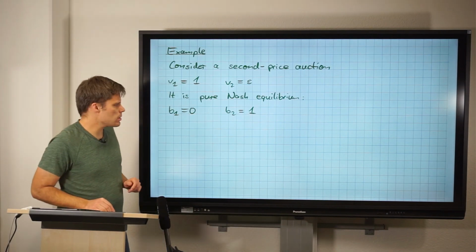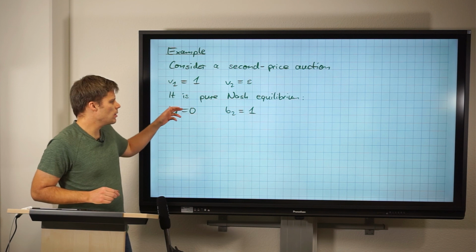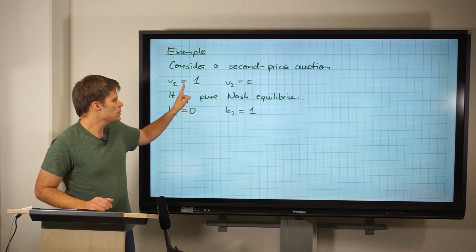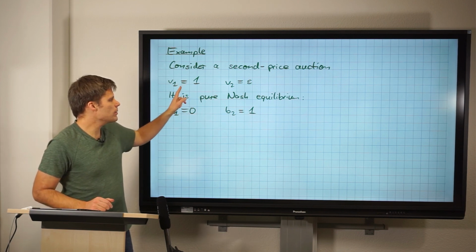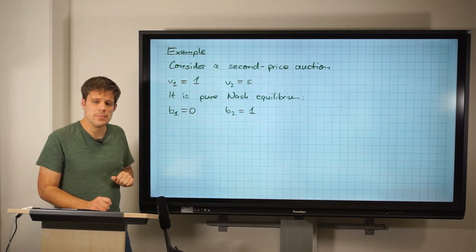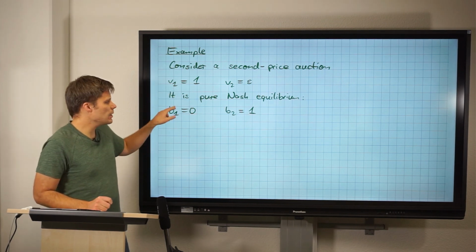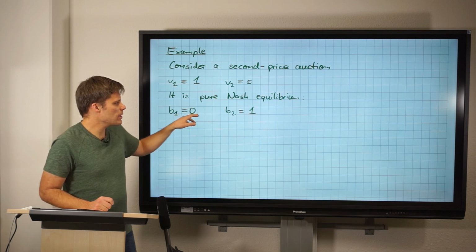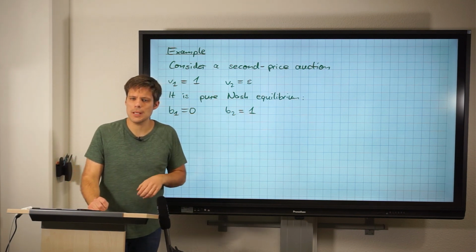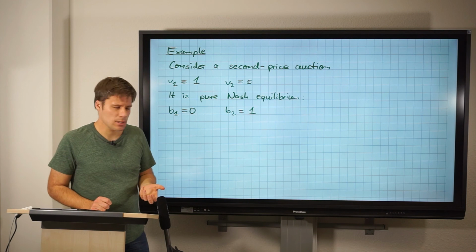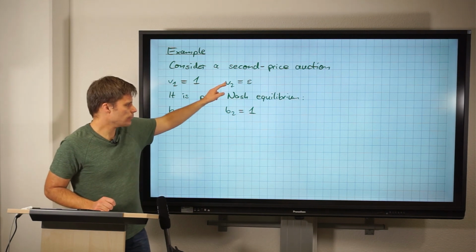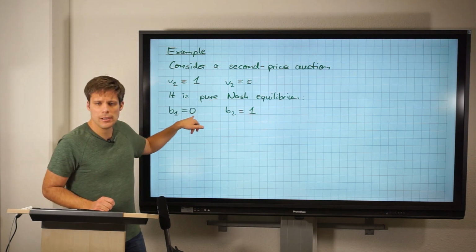Why is this a pure Nash equilibrium? Why wouldn't you want to deviate? Let's first consider the first bidder. The first bidder wouldn't want to deviate because they would have to bid at least 1 to win the item, but that means no utility. The second bidder is also happy because they're paying nothing.